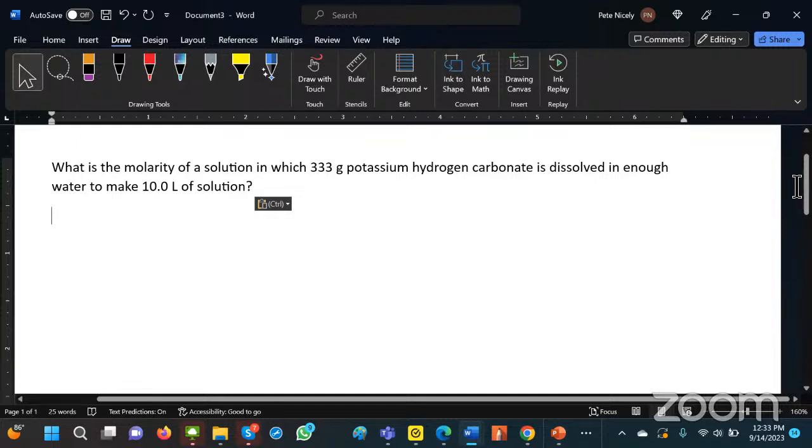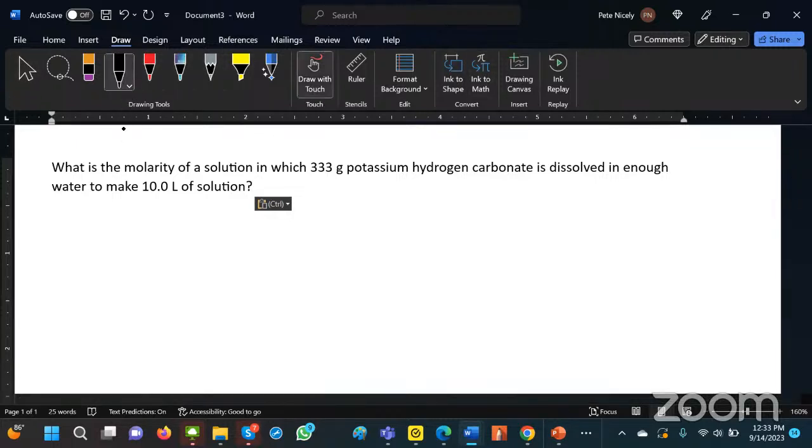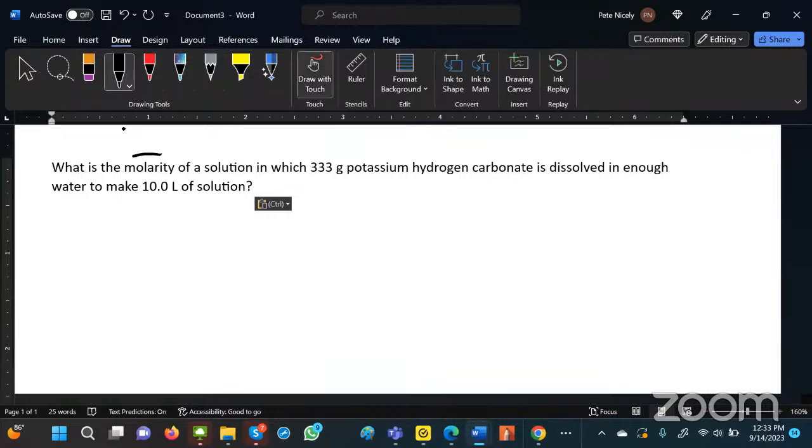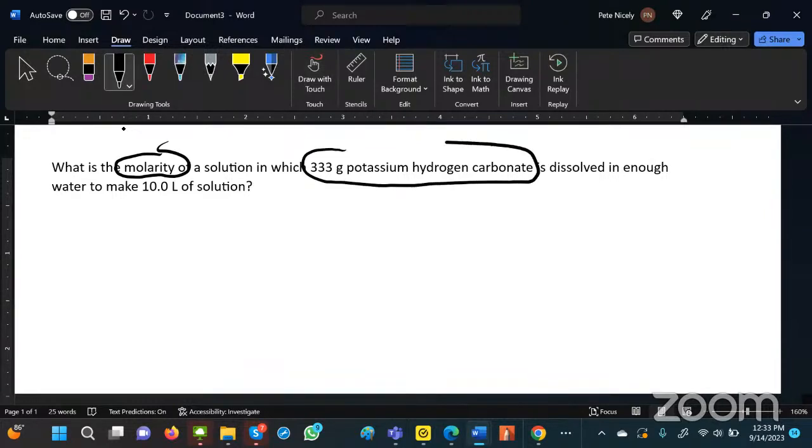The question is asking for the molarity, right? The question gave you the mass of the potassium hydrogen carbonate, and it gives you the volume in liters. So what I circled are the three essential parts of this question. Any ideas?